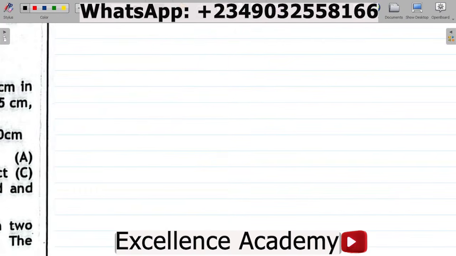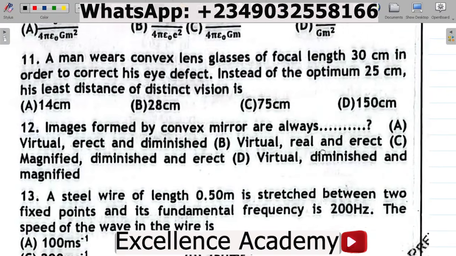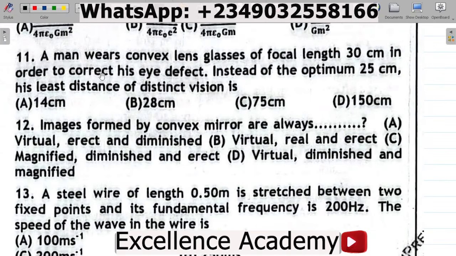Let's take down question 11. For 11 there, we are given the focal length, that's small letter f. The focal length is given as 30 cm. Next, they said, in order to correct his eye defect, instead of the optimum 25 cm. Now, this optimum 25 cm here simply represents the object distance.